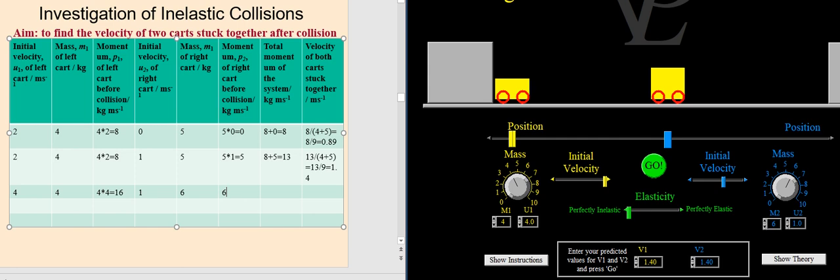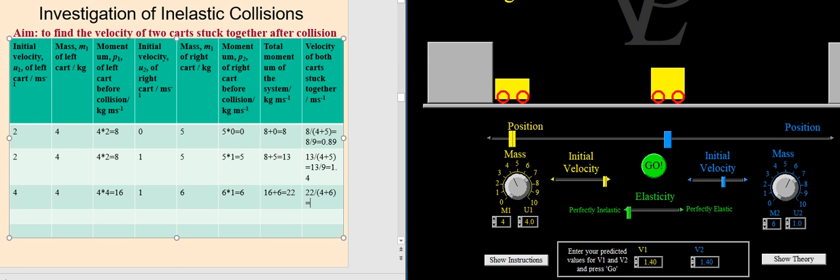So this time we've got 6 multiplied by 1 gives us 6. And so the momentum now, total momentum, is 16 plus 6, which gives 22. And so the velocity of both carts after the collision is going to be 22 divided by 4 plus 6. 4 plus 6 is 10, so 22 divided by 10 is 2.2.